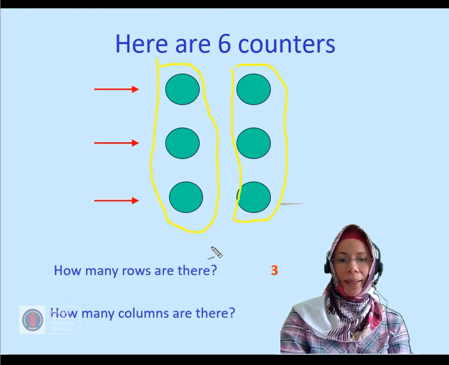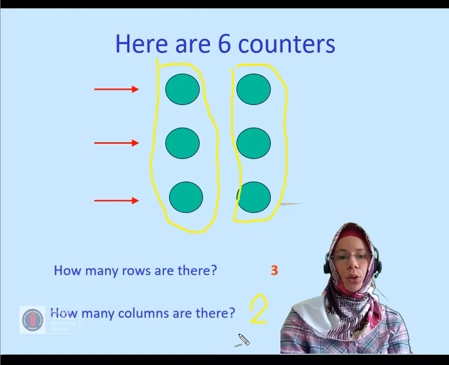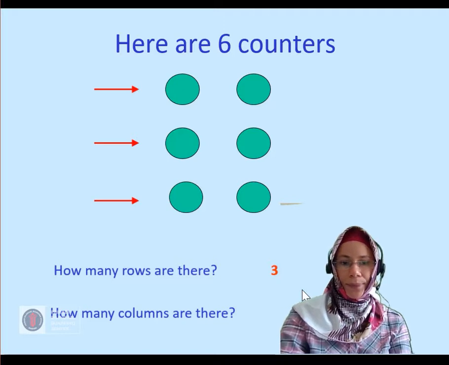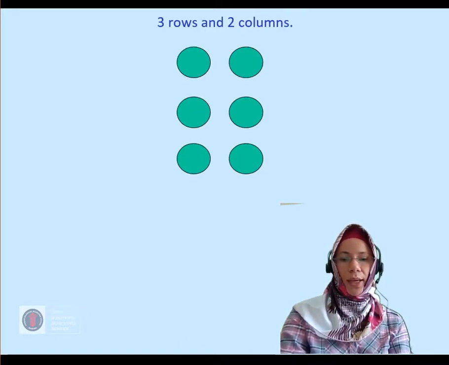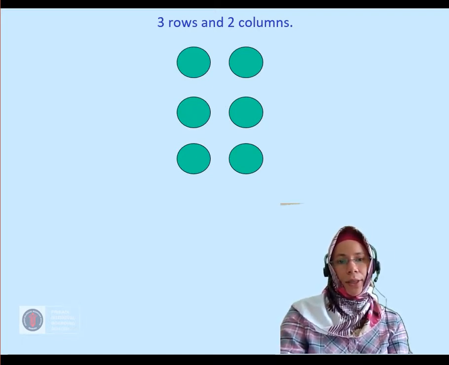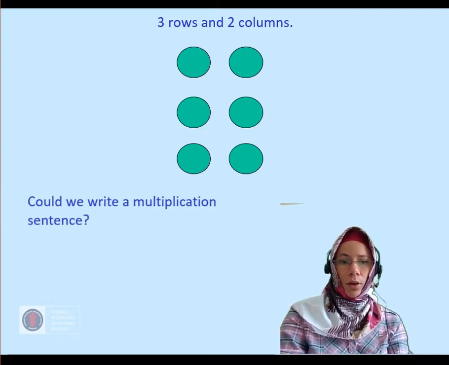So how many columns are there? We have 2 columns. Okay, so let's do it again like this. 1, 2. So we have 2 columns. So here 3 rows and 2 columns.